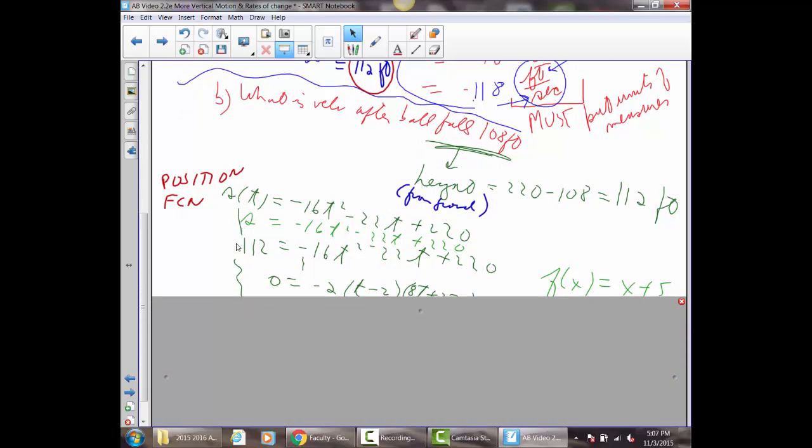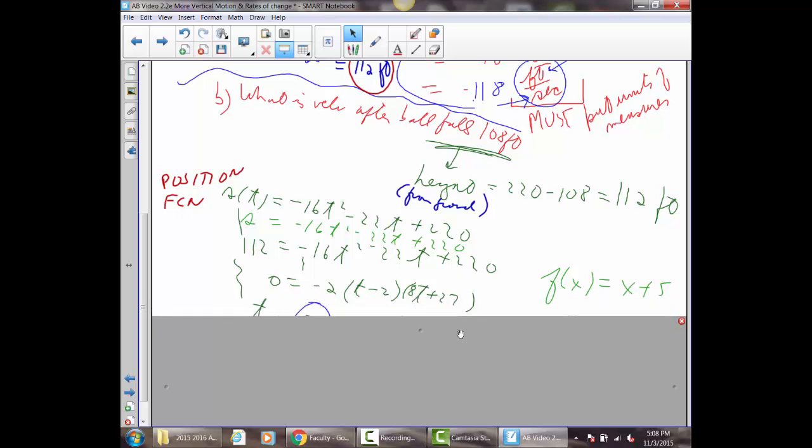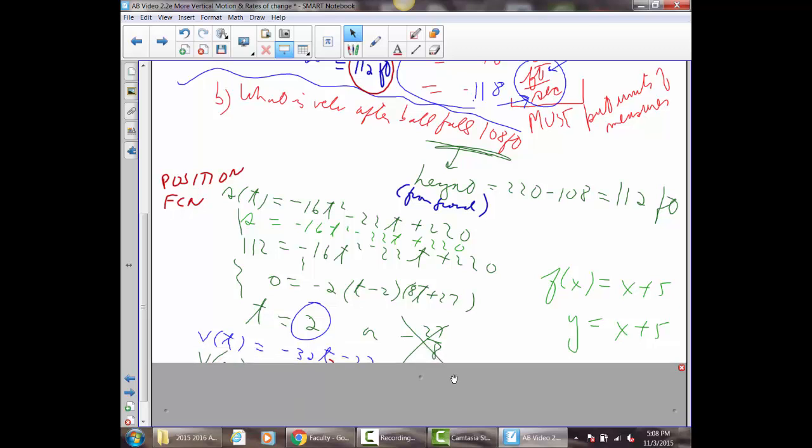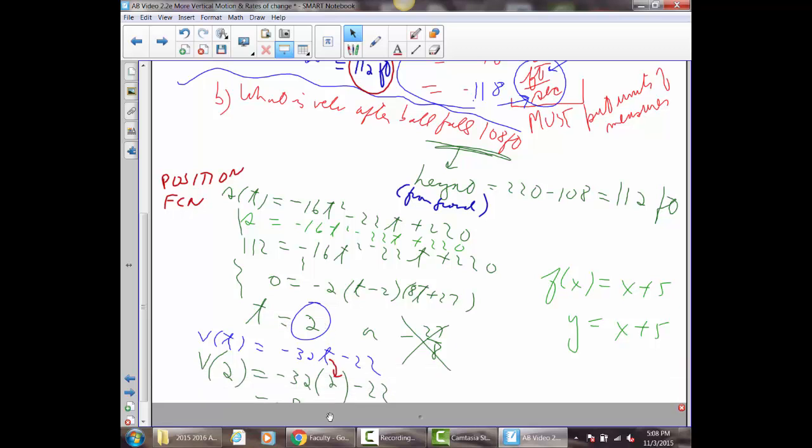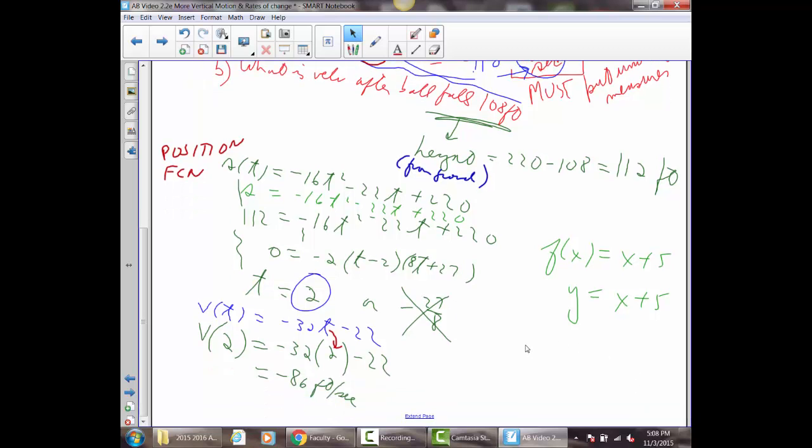We take the position function, set the position to 112 feet above the ground, and we know from the words of the problem that the initial velocity is negative 22 and the initial height is 220. So you're going to solve that equation. You get two answers. Negative time doesn't make any sense. So it happens after 2 seconds, and therefore the velocity at 2 seconds is negative 32 times 2 minus 22, which is negative 86 feet per second.